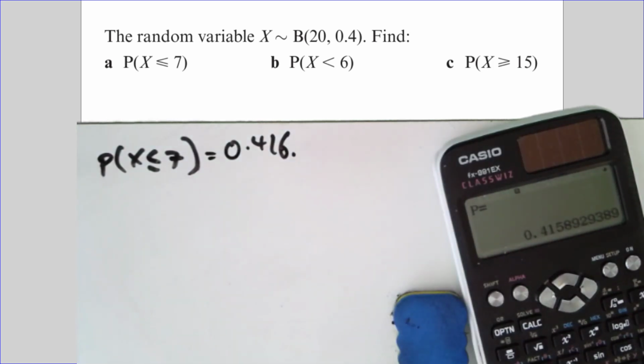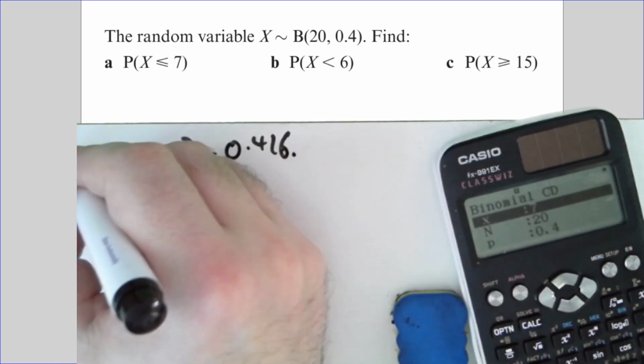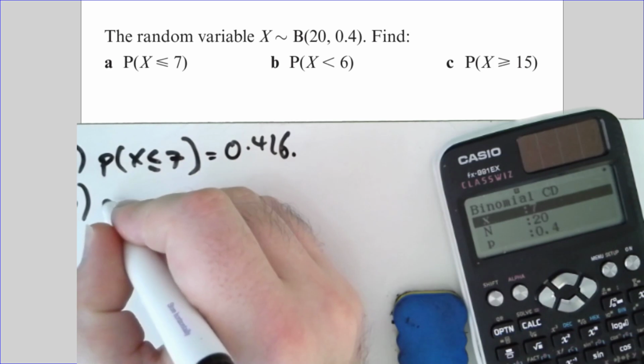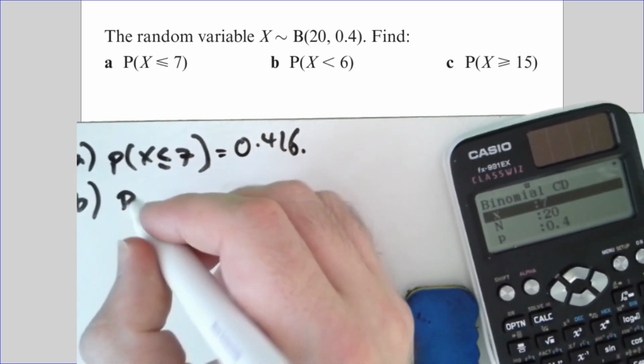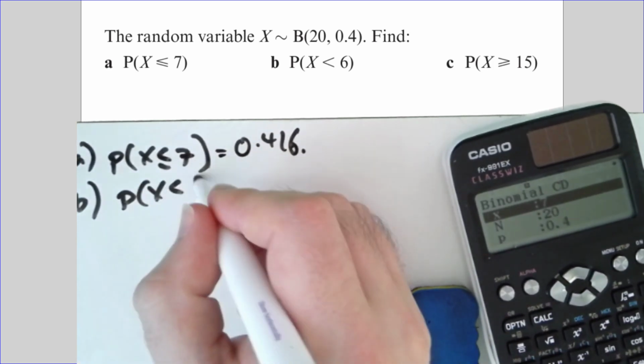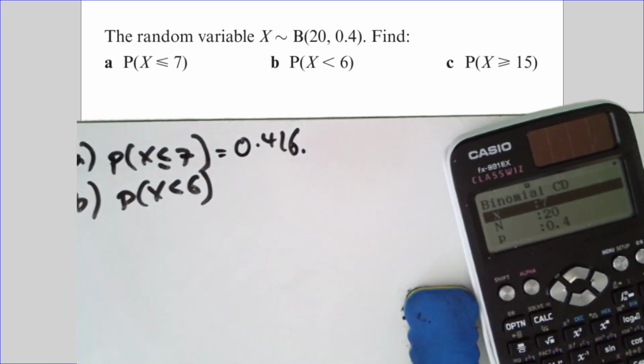Because we used binomial CD instead, notice it says CD at the top, it didn't do 7 by itself, it did up to and including 7. For the next one, for B, we're going to do probability x is less than 6. Now this doesn't include 6 because there's no equals on it.